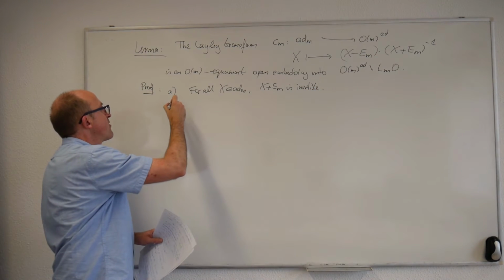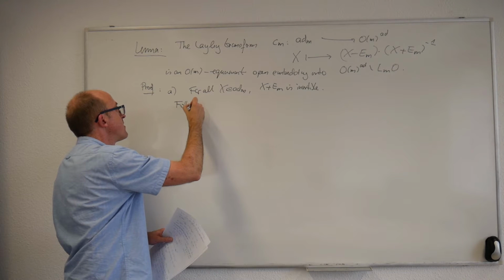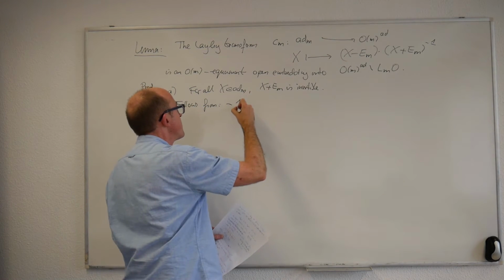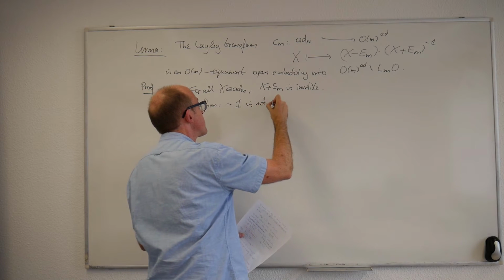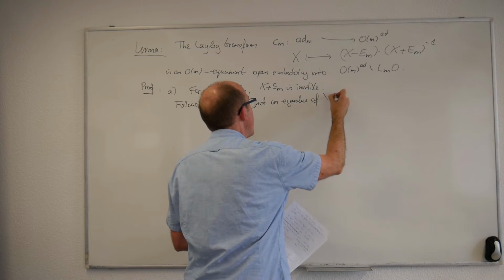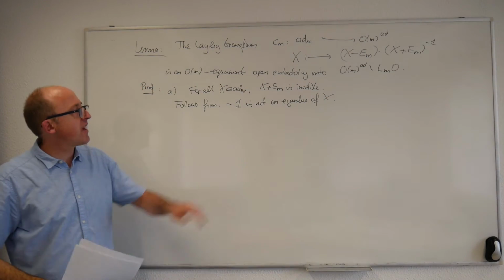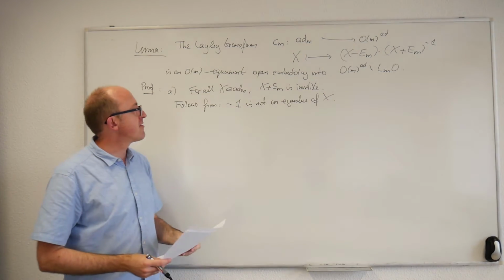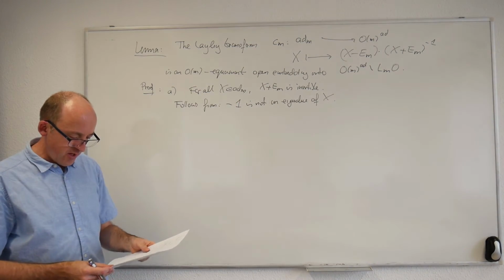And this follows from the fact that minus 1 is not an eigenvalue of x, because if minus 1 is not an eigenvalue, then this matrix has a trivial kernel, and hence it must be invertible. So why is minus 1 not an eigenvalue?